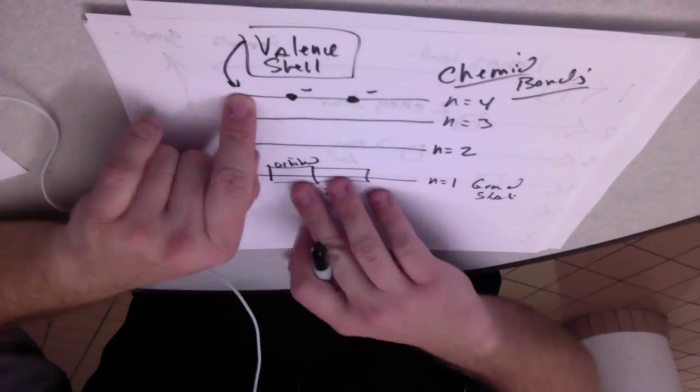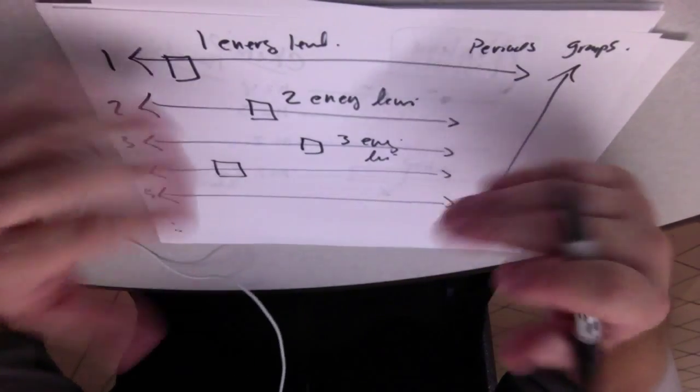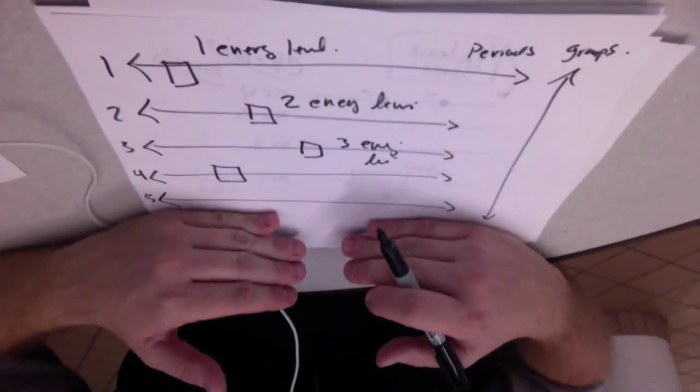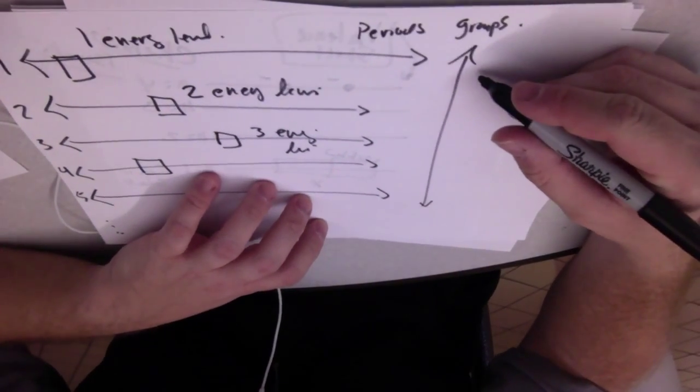Okay, it is the most important part of chemistry for what we're talking about here, and we call that the valence shell. Okay, so going back to the periodic table of elements, the periods are horizontal. They tell us the number of energy levels in an atom, and I also have groups. These are the columns.